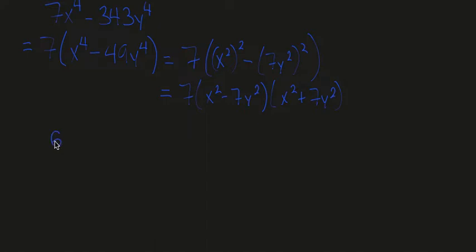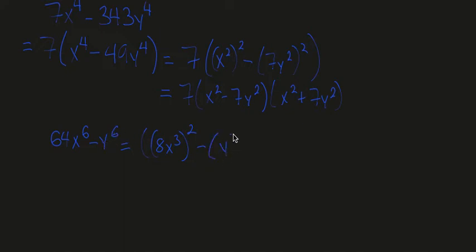Our next equation will be 64 times x to the power of 6 minus y to the power of 6. What term times itself gives us 64x to the power of 6? That's going to be 8 times x to the power of 3, minus, what term times itself is going to give us y to the power of 6?